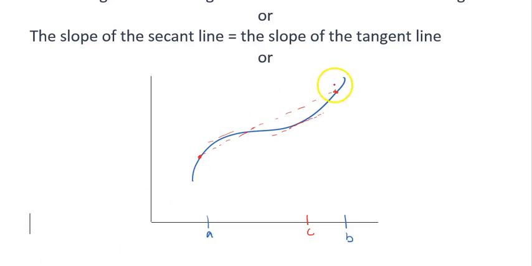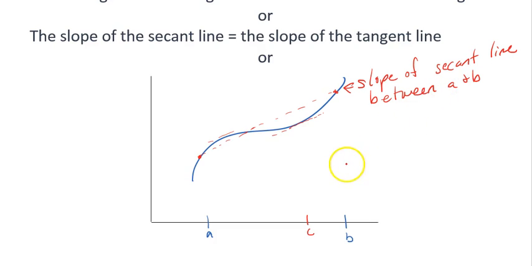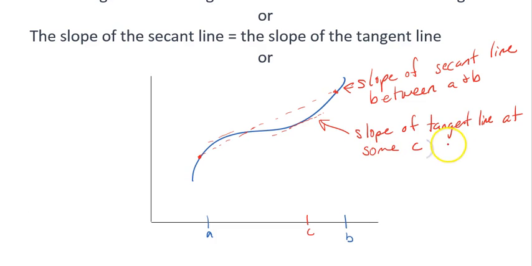Okay, so let's write a few words down to remind us. Our secant line is drawn in here, so what we're considering here is the slope of the secant line between A and B. And then the slope of this tangent line somewhere, so the slope of the tangent line at some C between A and B. Those two are going to be equal.